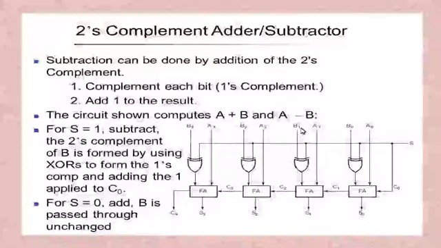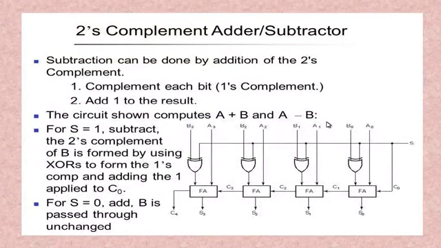Now let us see the 2's complement adder and subtractor. As all of you know how to perform 2's complement binary subtraction. Can anybody tell me? Yes. To perform 2's complement binary subtraction, we have to find out the 2's complement of the second number.